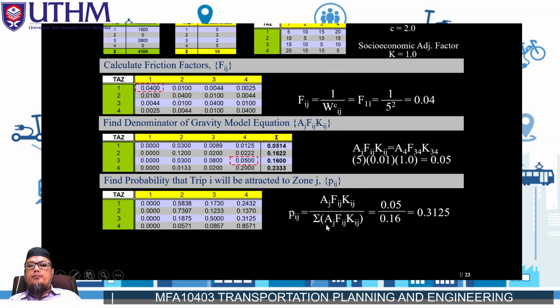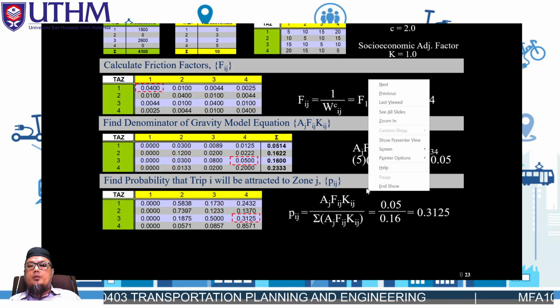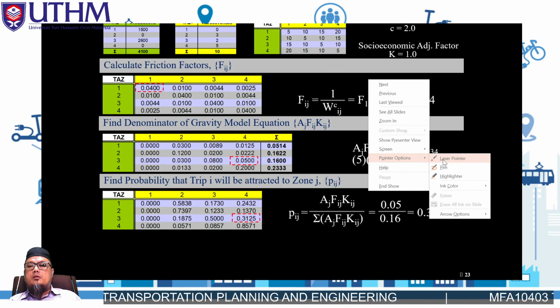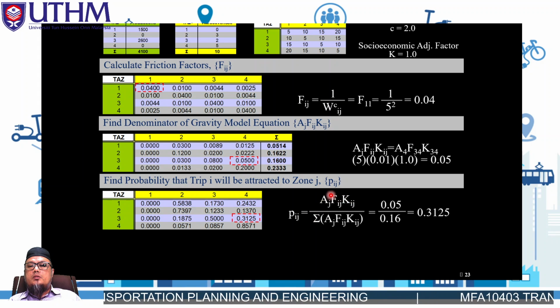Okay, let's put this example. Okay, how to obtain that? First we just obtain the value of 0.05. So given here, we obtain here. Next, this one is just the summation of the values here.